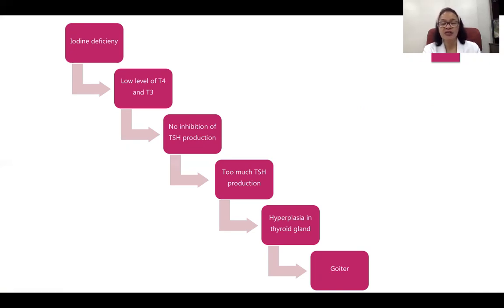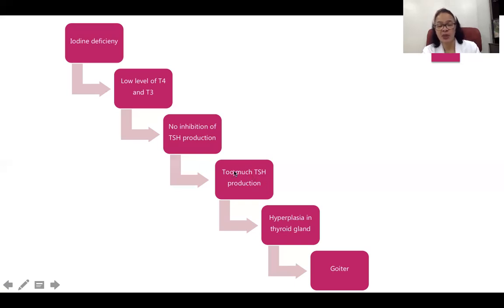But in iodine deficiency, there is very little amount of your thyroid hormones T4 and T3. Thereby, there would be no inhibition of your TSH production, leaving the anterior pituitary to produce TSH freely.